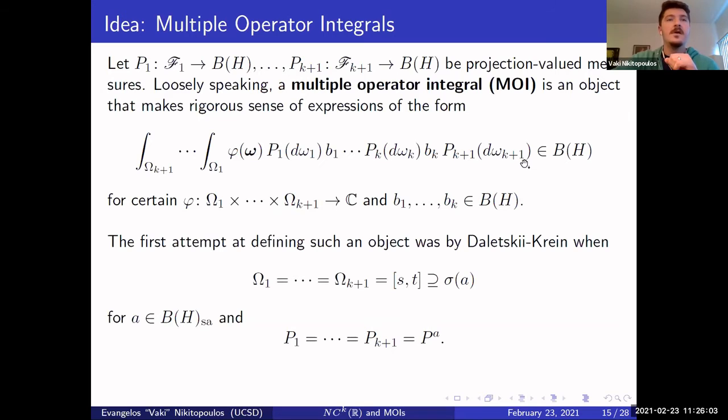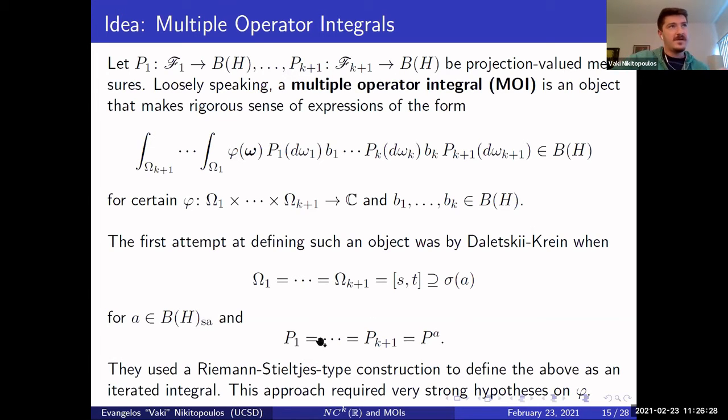Now, the first attempt at defining such an object was by Daletskii and Krein in that seminal paper that I mentioned before, and they considered the case where all the Omegas are a closed bounded interval containing the spectrum of a bounded self-adjoint operator A on H, and all of the projection valued measures are the spectral measure of A. They used a Riemann-Stieltjes type approach to define what it means to integrate an operator valued function against a projection valued measure, which makes sense of this integral as an iterated integral.